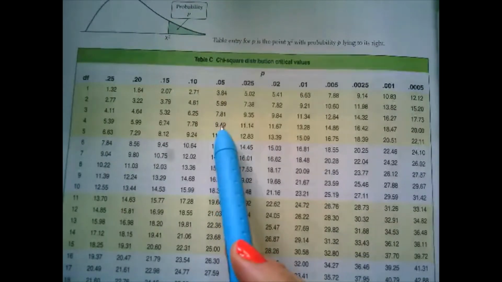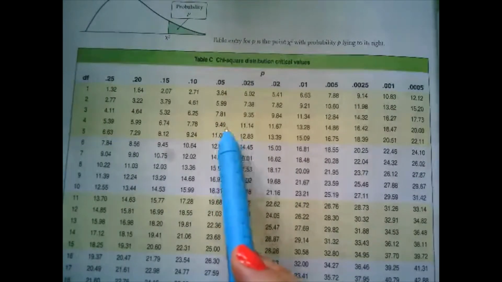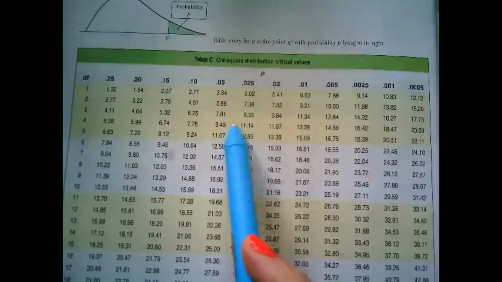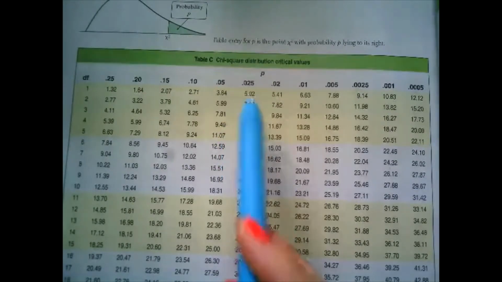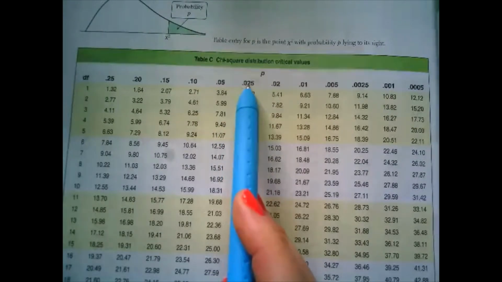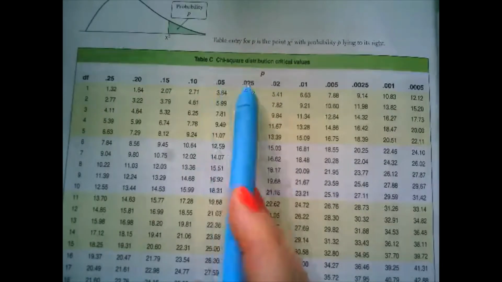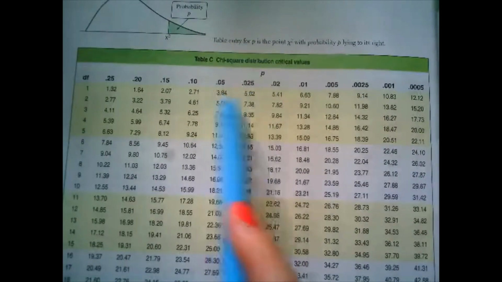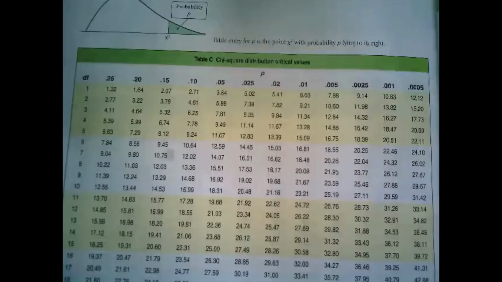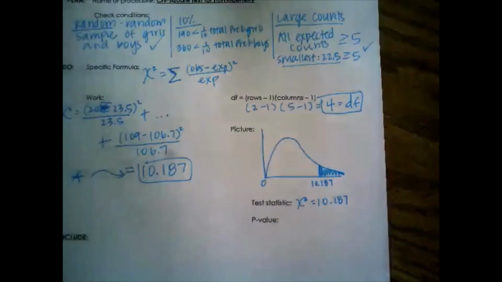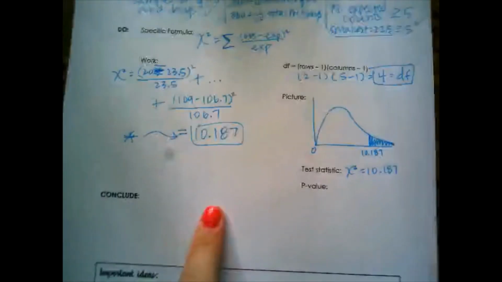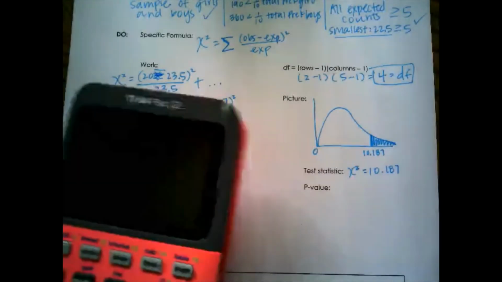But since 10.187 is somewhere between here, our p-value will be somewhere between 0.025 and 0.05. Okay? Right here. So that's one way to do it. But now I'm going to show you what to do in the calculator. All right? And then we'll write our conclusion.